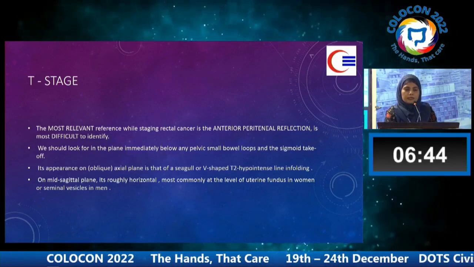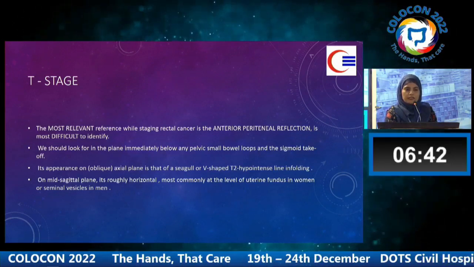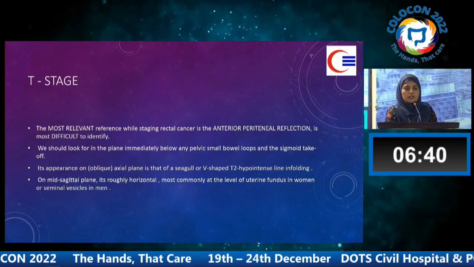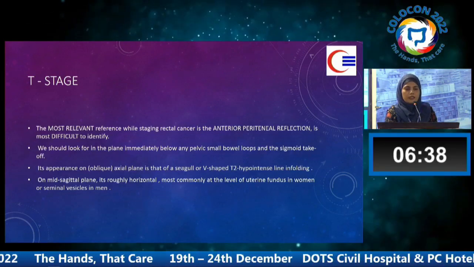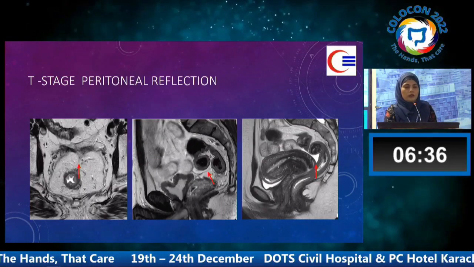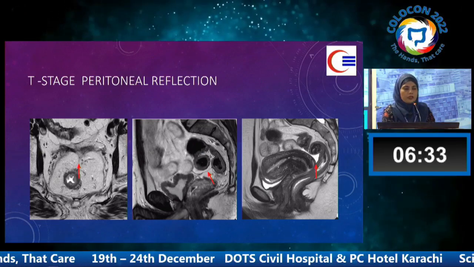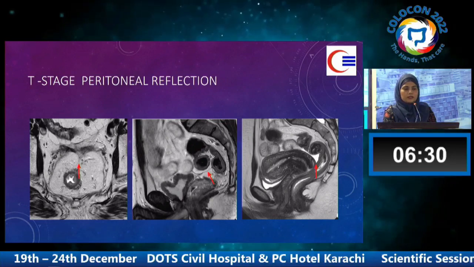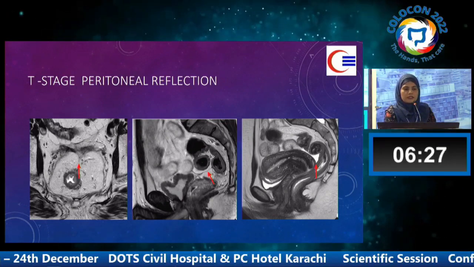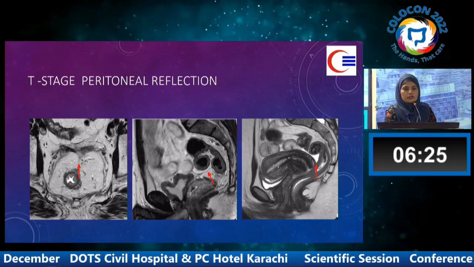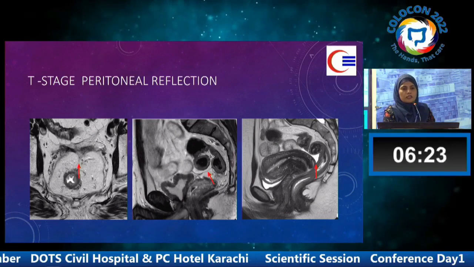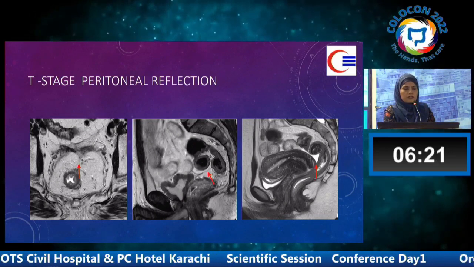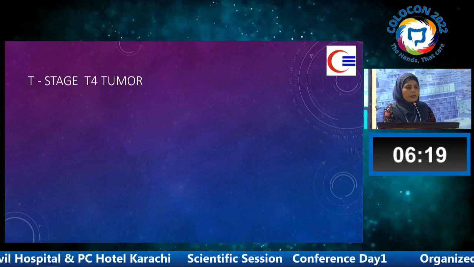The reflection appears as a V-shaped structure on axial image, and on sagittal image it appears as a horizontal line at the level of the seminal vesicle or at the uterine fundus. These red arrows indicate the peritoneal reflection, a subtle V-shaped structure on axial image and a horizontal line on sagittal image. Most of the time it is easier to identify on sagittal image rather than axial.